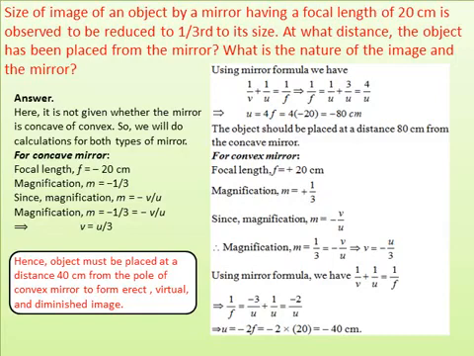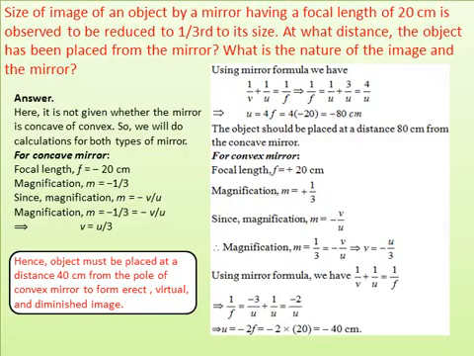So, 1 by 3 is equal to minus V by U. Therefore, V is equal to minus U by 3. Previously, you got V is equal to U by 3; here, you get V is equal to minus U by 3. Now, substitute in the mirror formula 1 by V plus 1 by U is equal to 1 by F. You will get U as minus 40 centimeter.